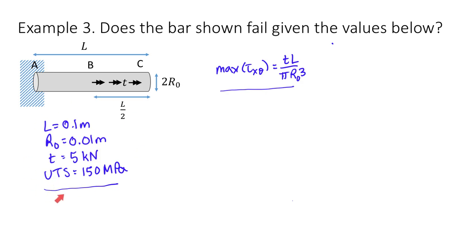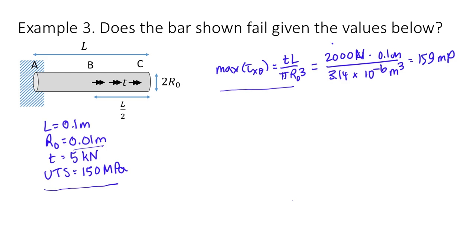So we'll plug in these values, and I will spare the math, but I will write them over here: 2,000 newtons times 0.1 meters over 3.14 times 0.01 meters cubed is 10 to the minus 6 meters cubed. And then when we plug all of that in, we have 159 megapascals.